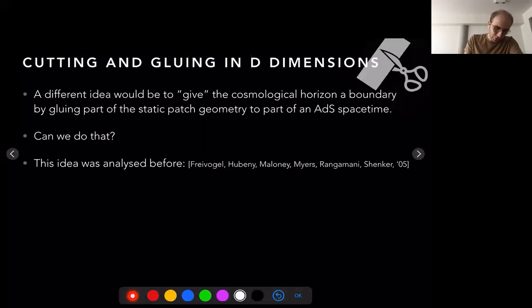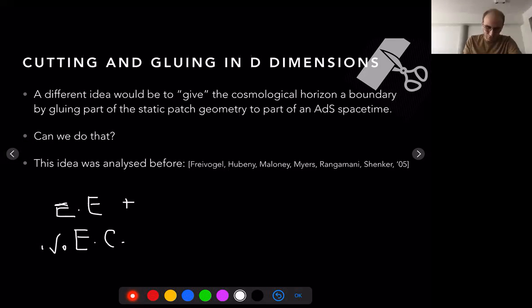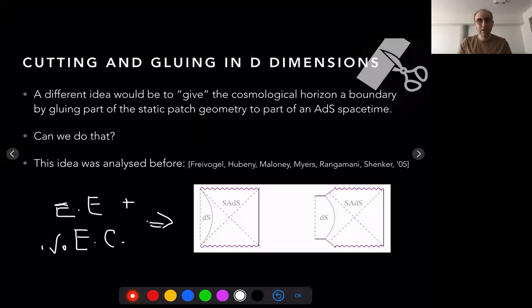And so the conclusion of this paper is that if you have Einstein's equations and you add the null energy condition, this is not the way they put it, but this is more or less what's going on, what you get are plots that look like this. So these are the type of Penrose diagrams that they were getting. So here's the boundary, here's the boundary of AdS, and here's the patch of dS.